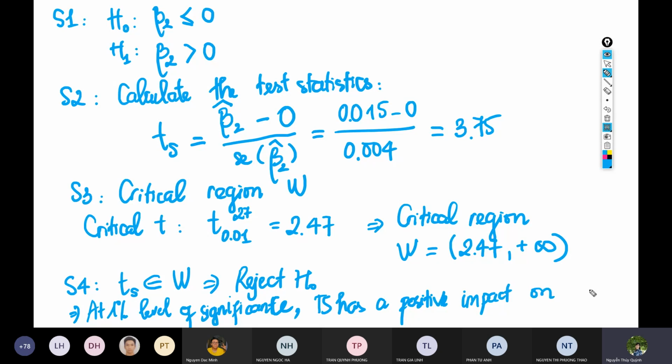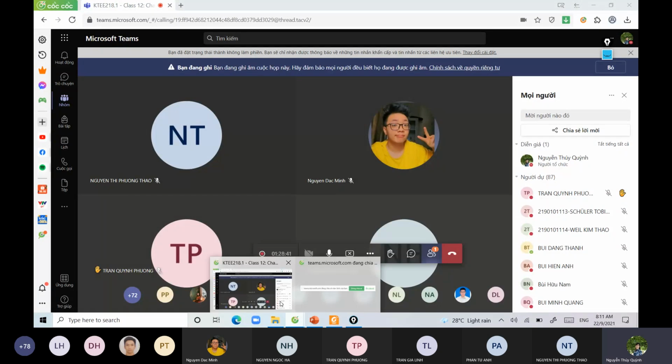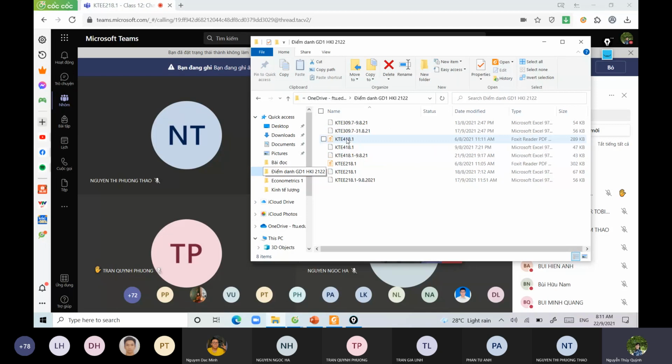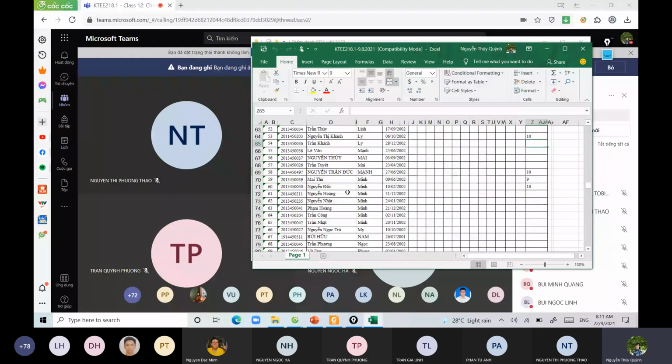That is also okay, or you can say that the regression coefficient on TS is statistically greater than 0. Okay, thank you, Quỳnh Phương. All right. Any questions here? Just follow the steps we're talking about.